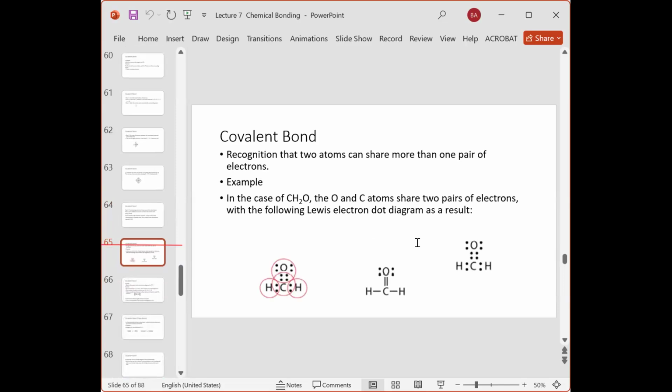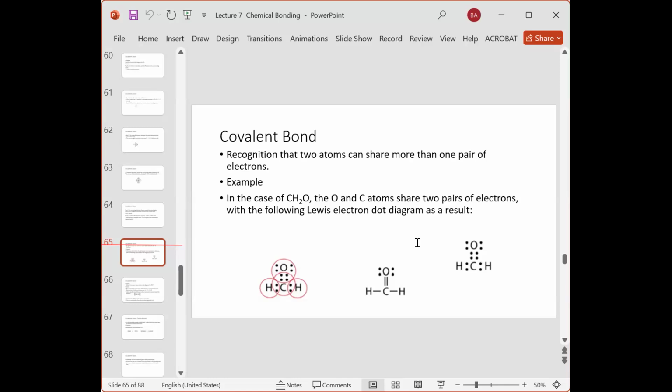There are some points where we have to find a double bond. That is something one needs to recognize. It comes with practice and experience. Recognition that two atoms can share more than one pair of electrons, while some of them share just one pair.